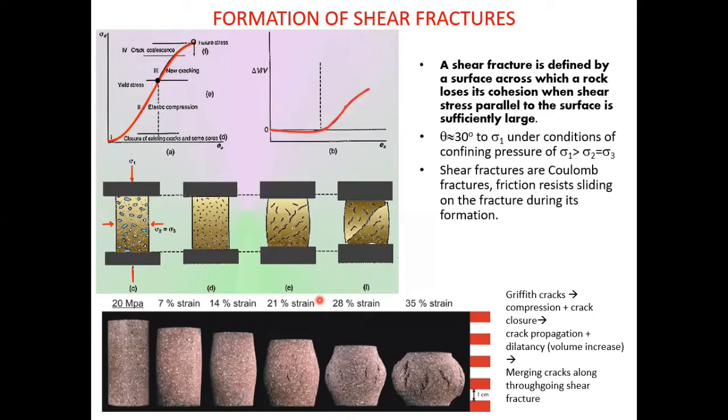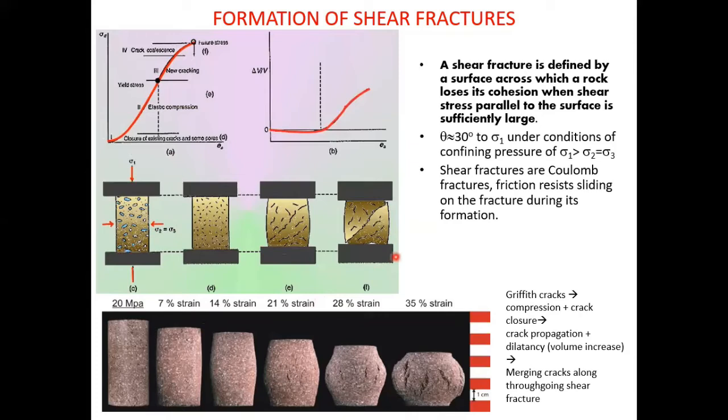Along the fracture plane, there's an increased shear stress acting parallel to the surface, and this is the stress that triggers motion, triggers sliding along the plane. Under relatively lower shear stress conditions along the plane, there will be no sliding or slip. It will be joint formation.